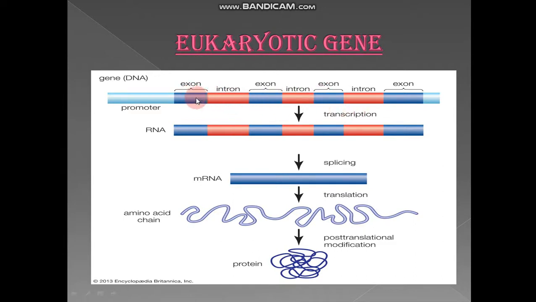The blue ones are the exons, and you can see two exons are separated by introns. Understanding the role of these two is very important. Exons are the coding sequences, and introns are just binding two exons together, and they are not the gene which has to be translated.